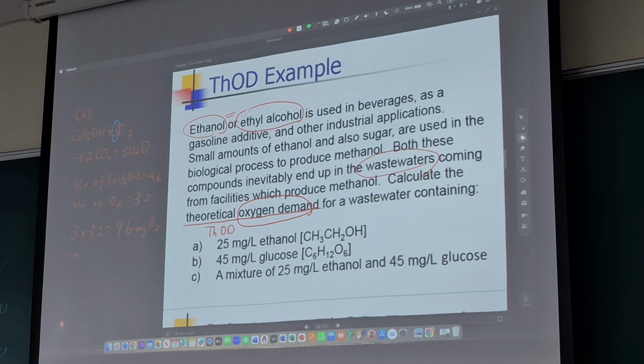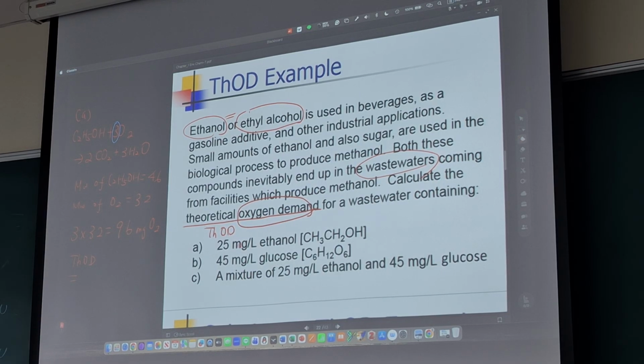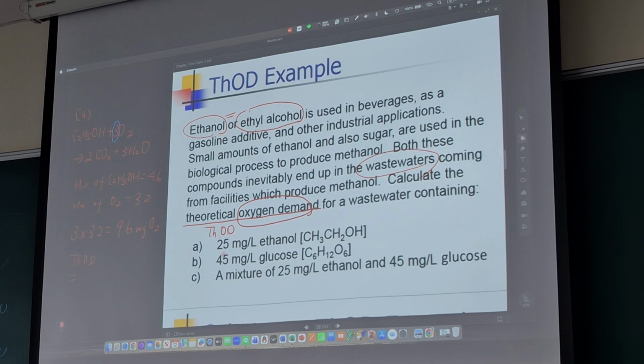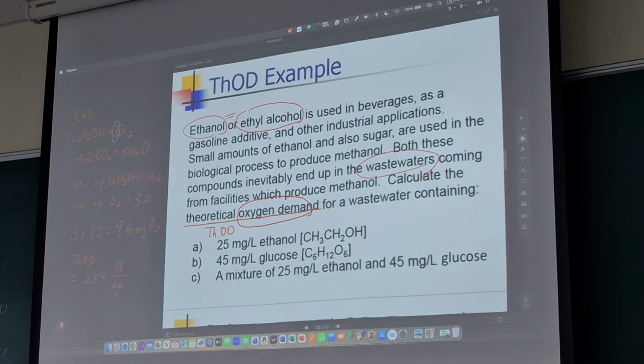So the THOD, or the problem is we only got 25. Okay, we only got 25. So it's gonna be 25 times 96 oxygen over 46 milligram of ethanol. Okay, this is a ratio.